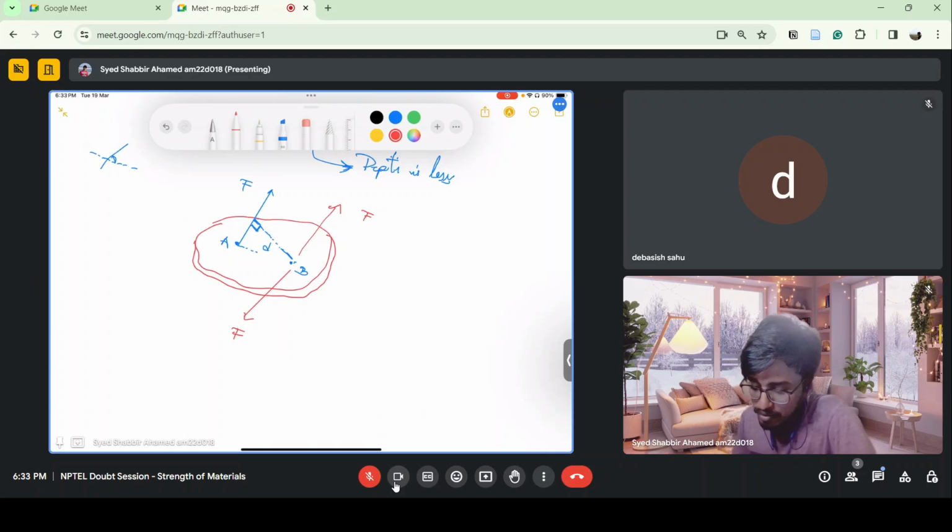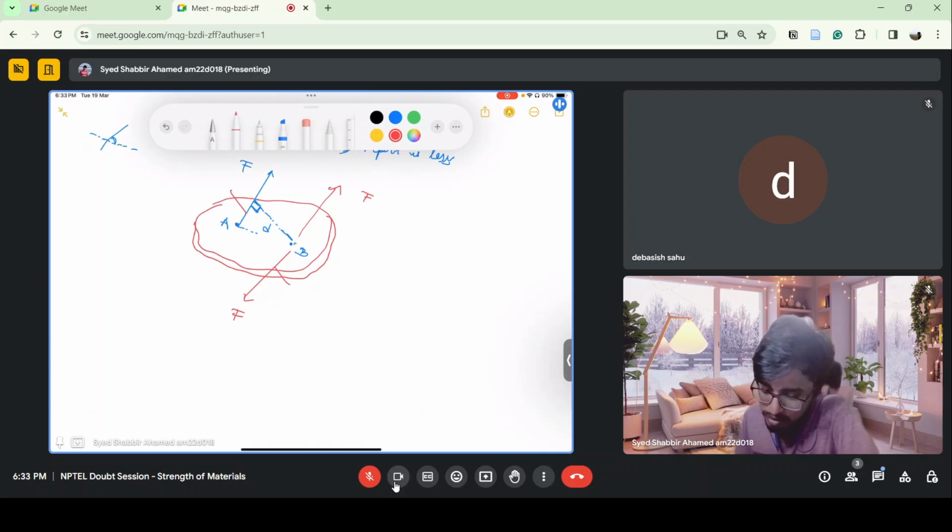Net force is zero. So if I take this and this, we can say that we are effectively getting a couple.